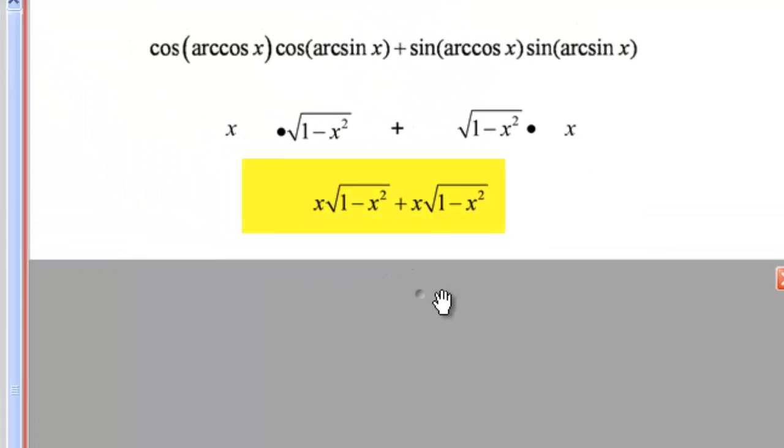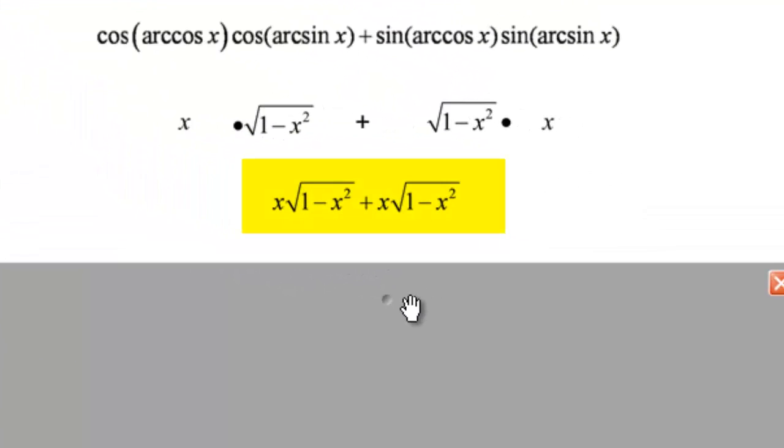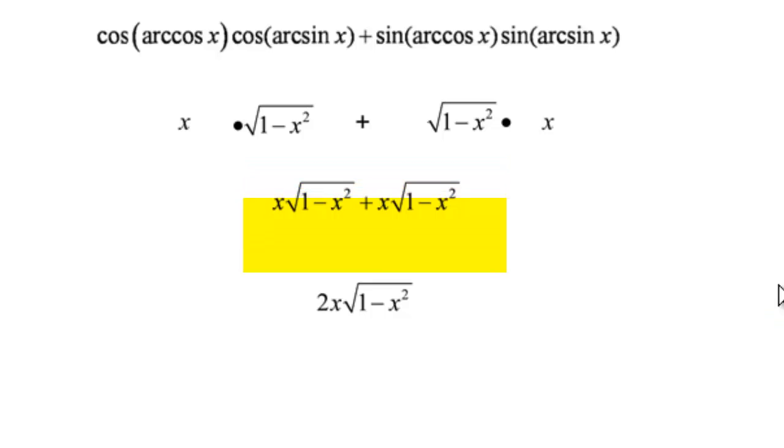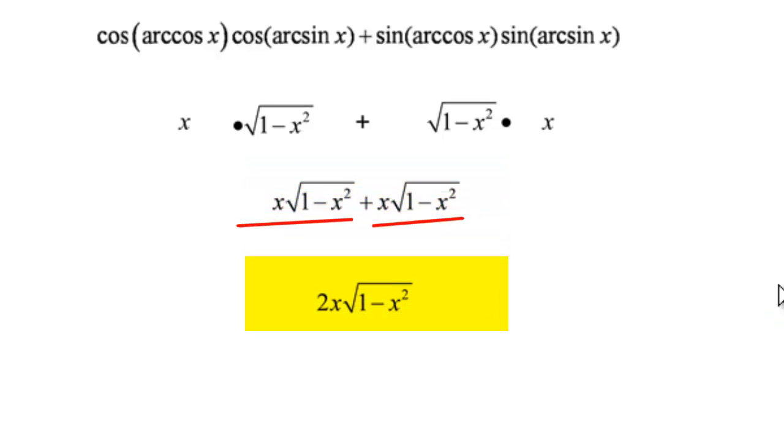Next, I could write it more simply as x root 1 minus x squared plus x root 1 minus x squared, so that my final answer is 2x times the square root of 1 minus x squared when I combine like terms.